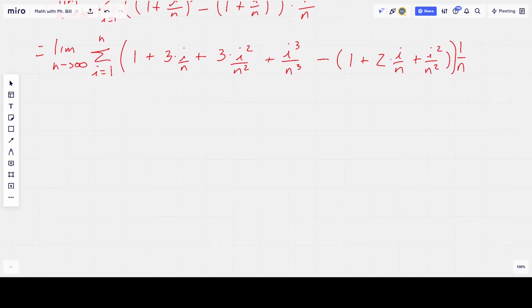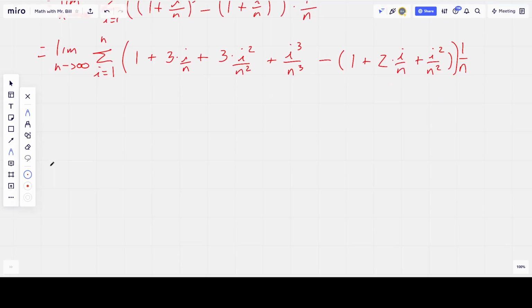Okay, let's go ahead and combine like terms here. So the 1 minus 1 go away. And then we have 3i over n plus minus 2i over n. So that's going to give us 1i over n.